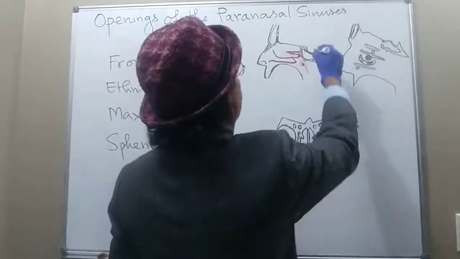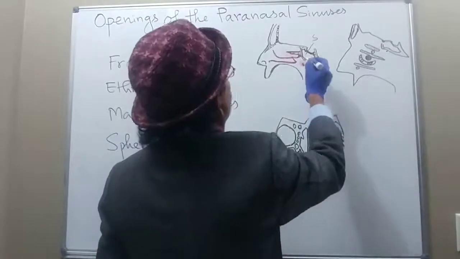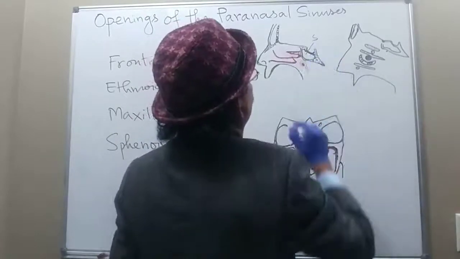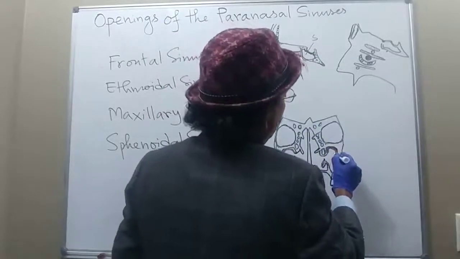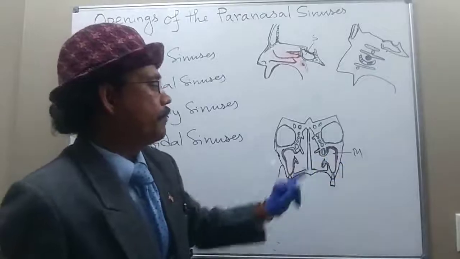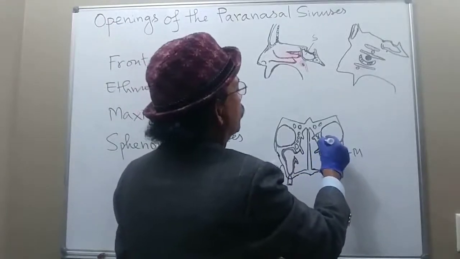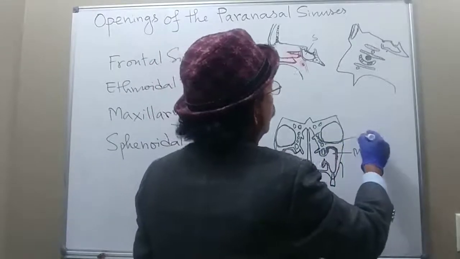So if you go there, this is the sphenoid sinus. This is present in the sphenoidal bone. This is the maxillary sinus that is present in the maxilla. And these are the ethmoidal air cells, present in the ethmoid bone.